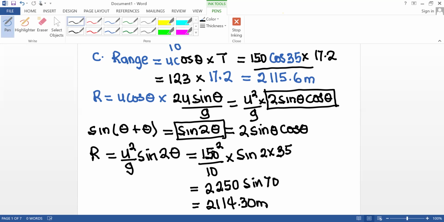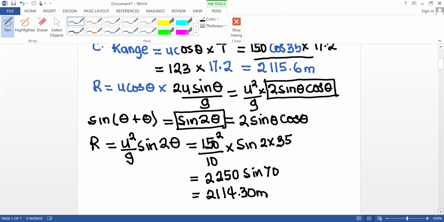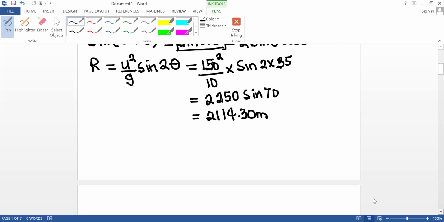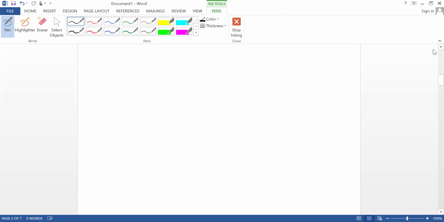Usually in projectile motion, the formula is not so important, but I also understand there are times where we can be asked to prove that the range is equal to u squared over g times sine 2 theta. Class, is there any question here? No question. So that's it with the range. What is the next question?